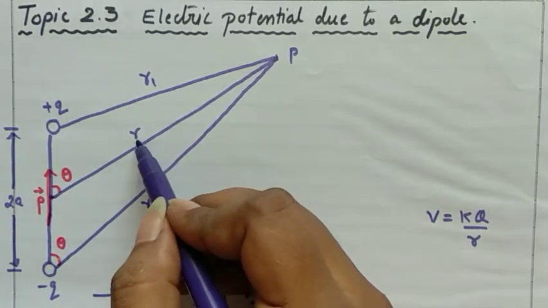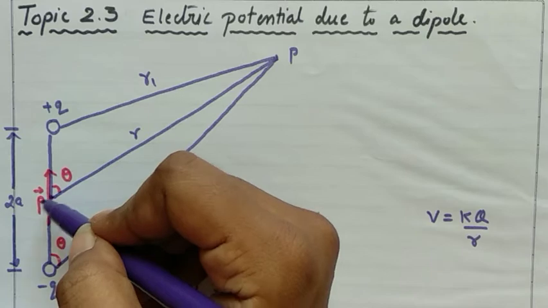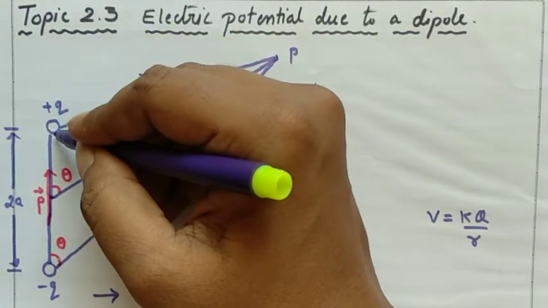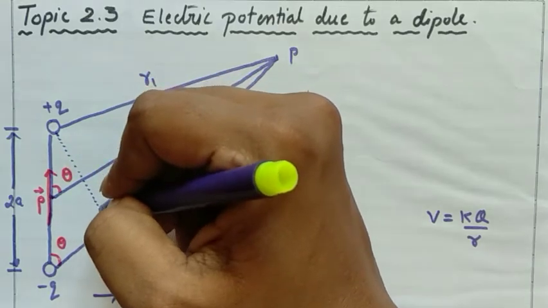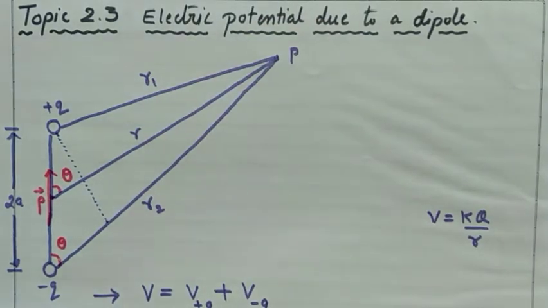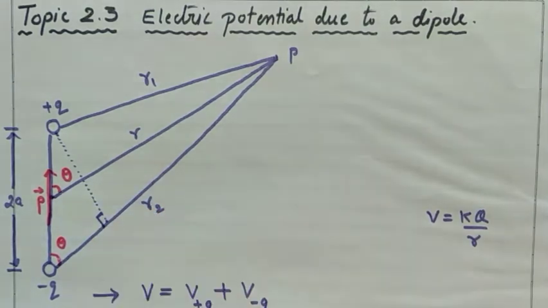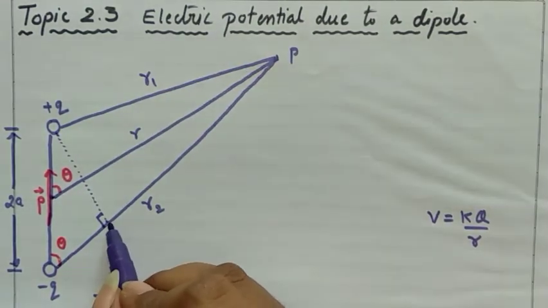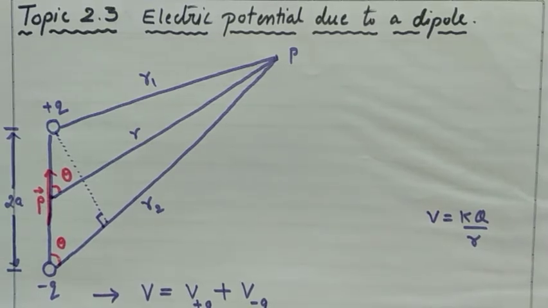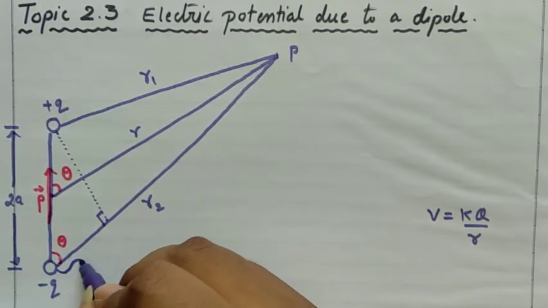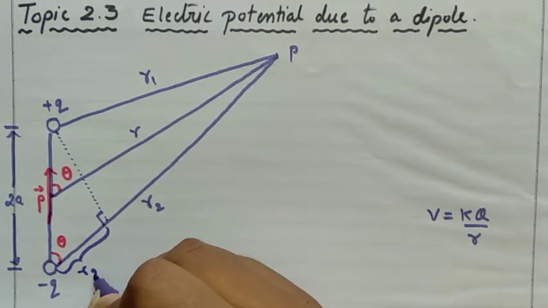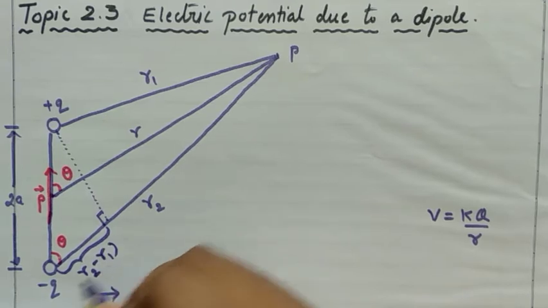If I consider that, then how will I obtain the difference R2 minus R1? For that I need to draw a perpendicular from this charge onto the line R2. Why we are doing this, I'll explain at the end of this topic. But from the figure you can see that R2 minus R1 is this distance.